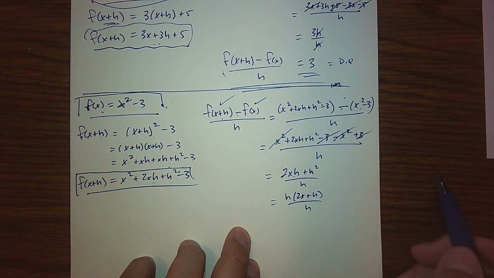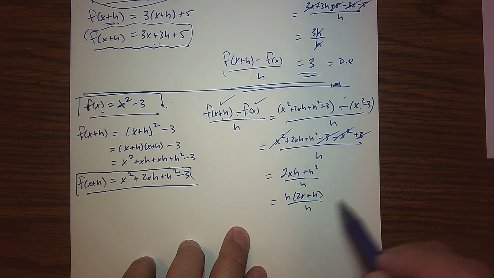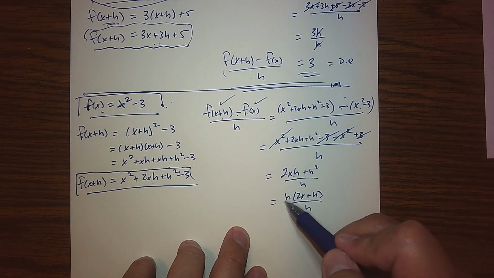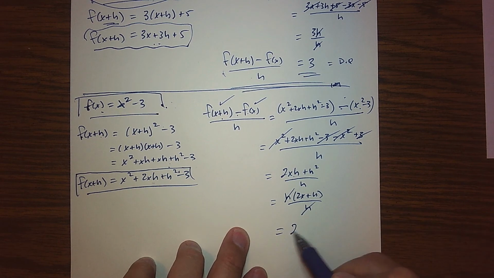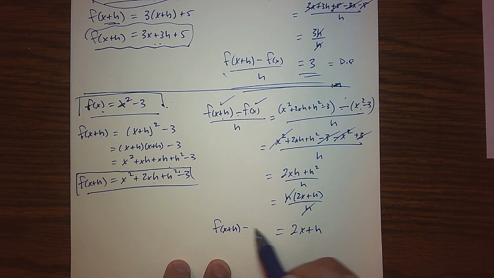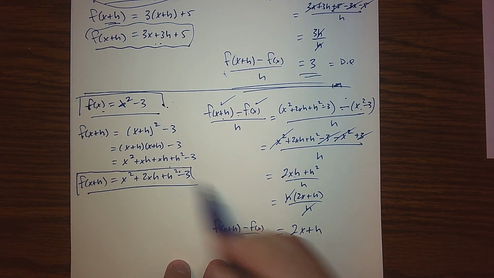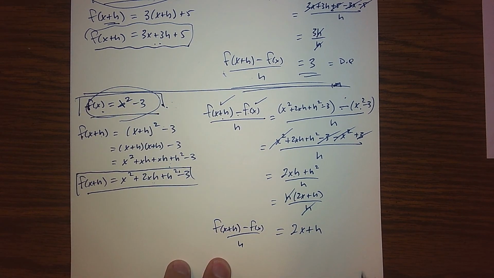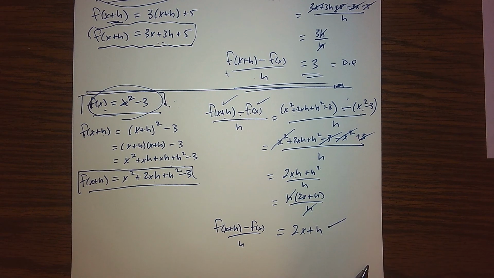I just factored the h. There's a common h upstairs, so I factored that GCF out. That h divides out with that h, and there is the difference quotient. So for this quadratic function, x squared minus 3, its difference quotient is 2x plus h, following the math.